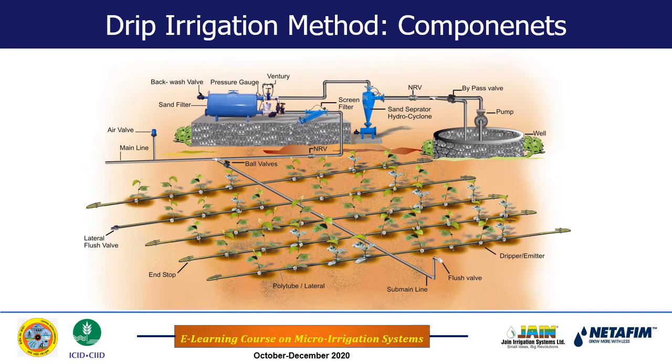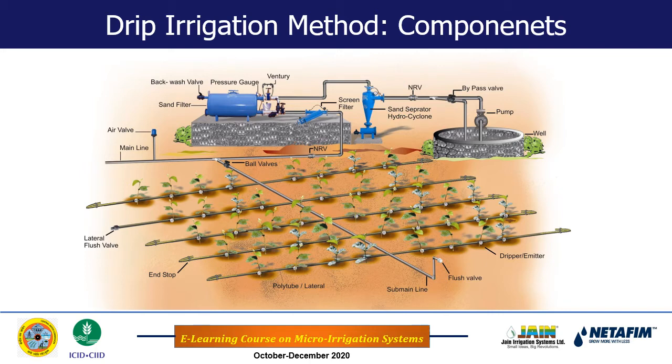Basically this water will enter the submain line, and from the submain line it will enter the lateral line, on both sides or on one side, and as the emitters are mounted on the lateral, water will enter the emitter. And as I told you, in the emitter there are pressure dissipating devices, because of which the water which is at a pressure of 1 kg is converted into zero pressure, and water is emitted in the form of droplets onto the soil surface.